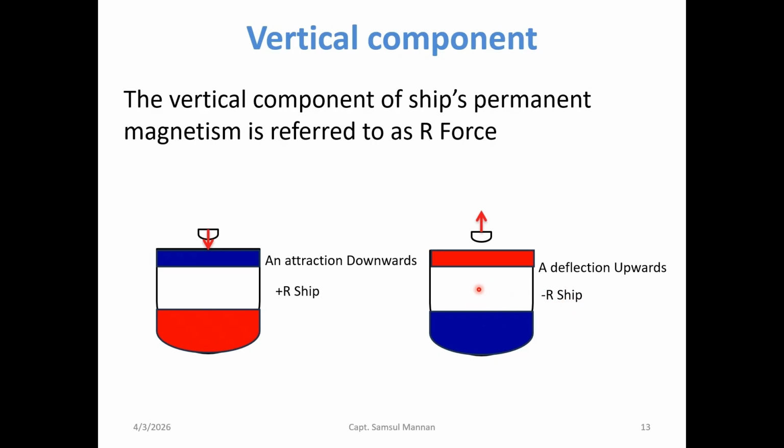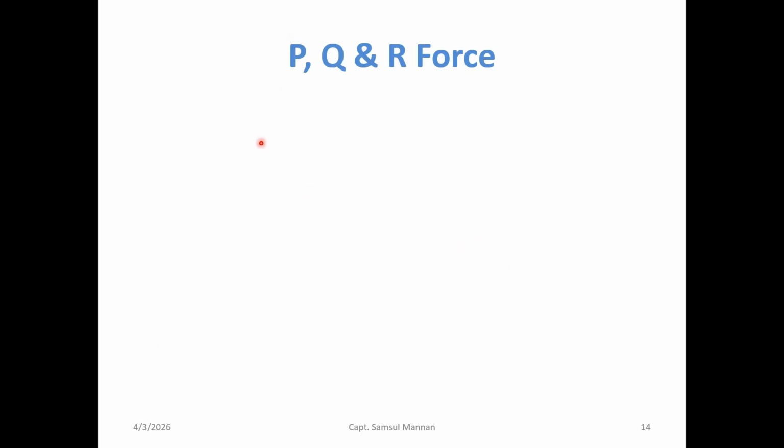However, same as plus R ship, when the ship is fully upright, the R force will not have any kind of impact on the compass needle. The R force will only come into action when the ship is slightly heeled or listed, right?